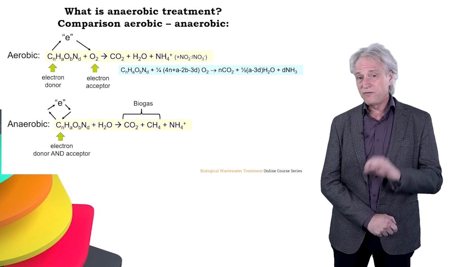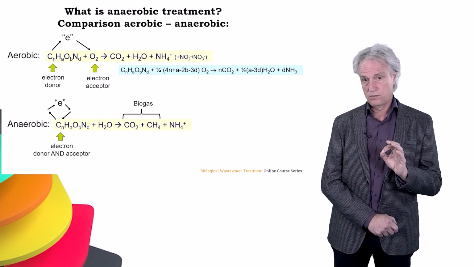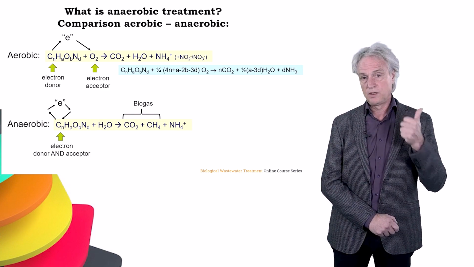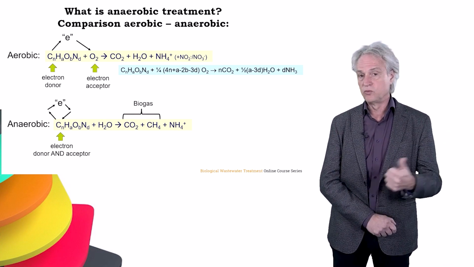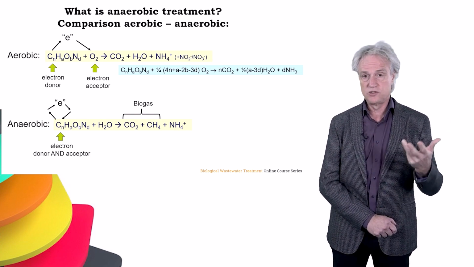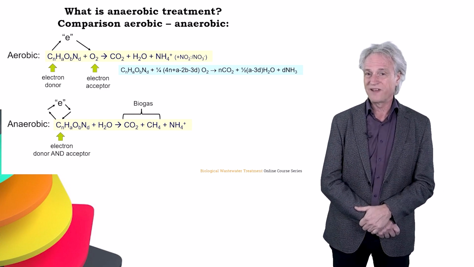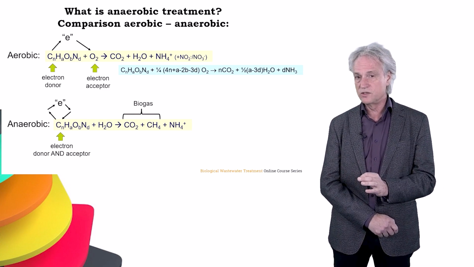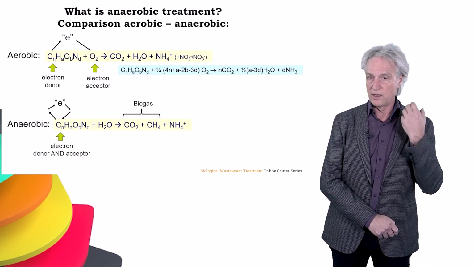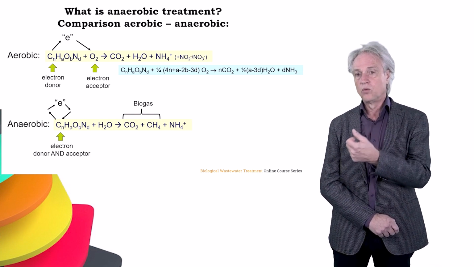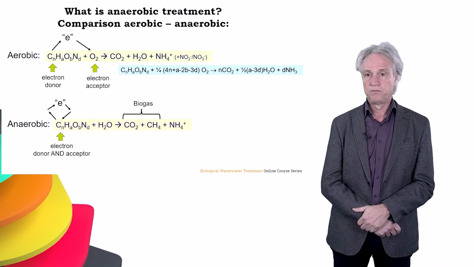Now, if the organic compound is known, so the division between carbon, hydrogen, oxygen, nitrogen are known, we can in fact calculate how much oxygen is required to arrive to CO2, water and ammonium.